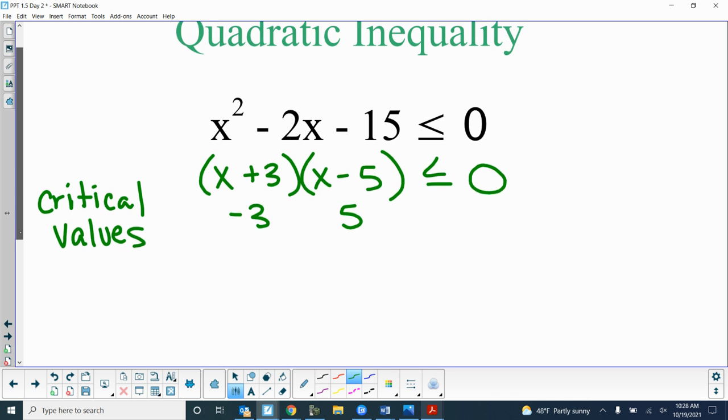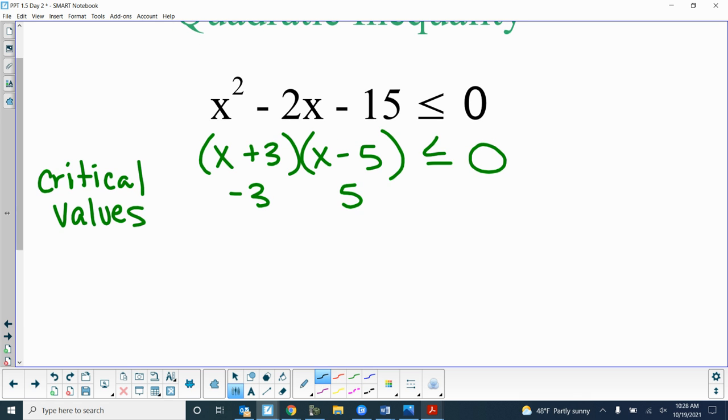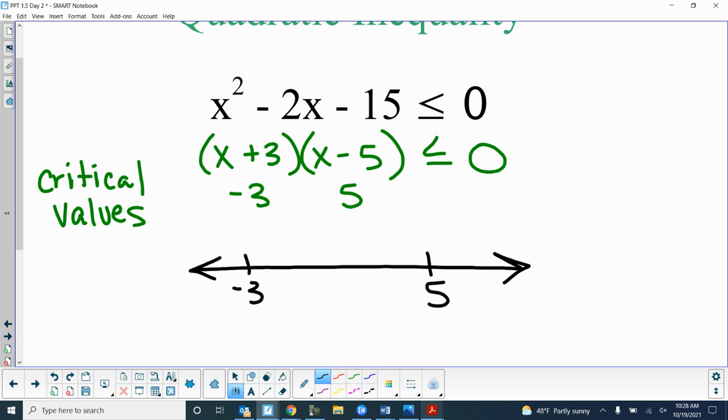So when we graph the solution, those critical values break up our number line into 3 sections. All right, we got a left section, a middle section, and a right section. Okay, since it's less than or equal to, I'm going to put a solid dot at both of those because of the equal to part.